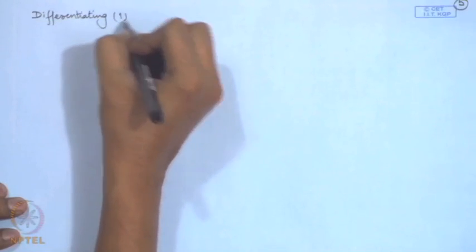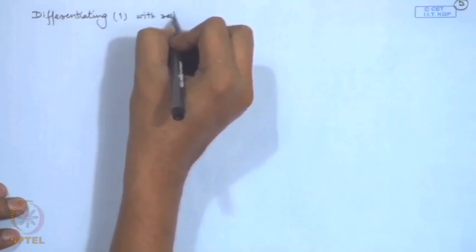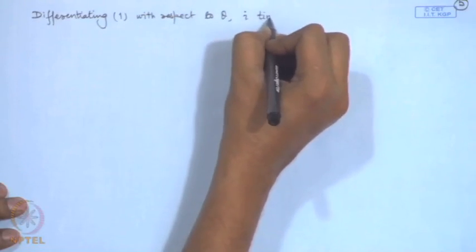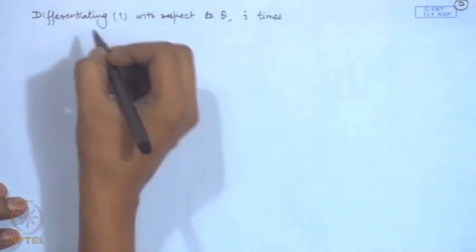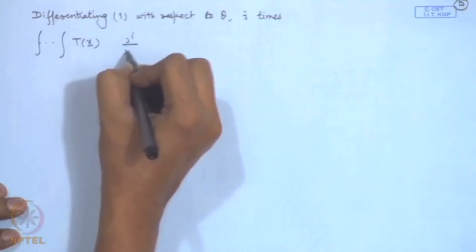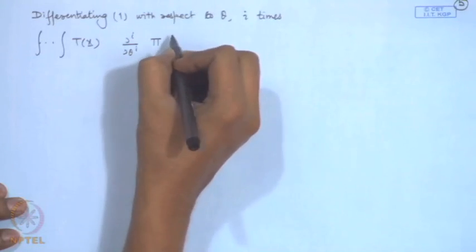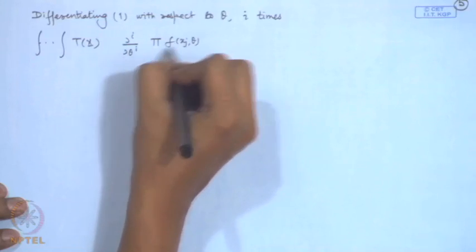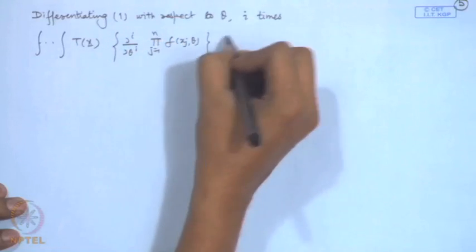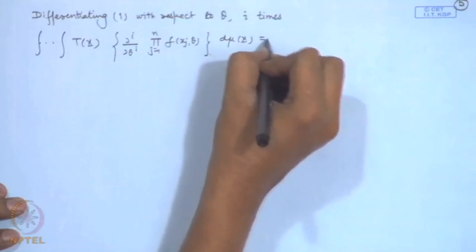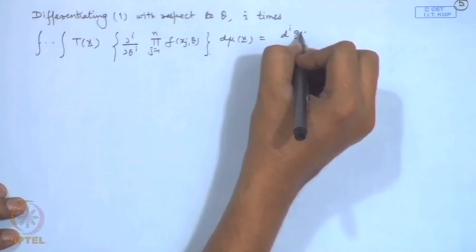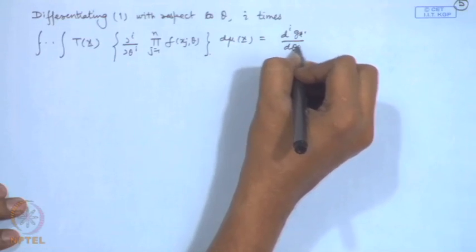Differentiating 1 with respect to theta, i times, I will get the integral of T(x) del^i by del theta^i of the product of f(x_j, theta), j equal to 1 to n, d mu(x), is equal to, on the right hand side we had g, so d^i g by d theta^i.